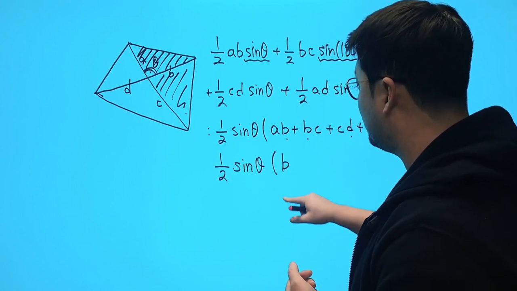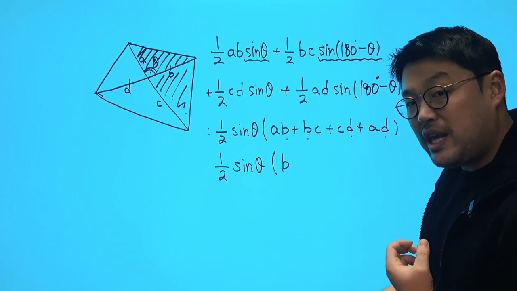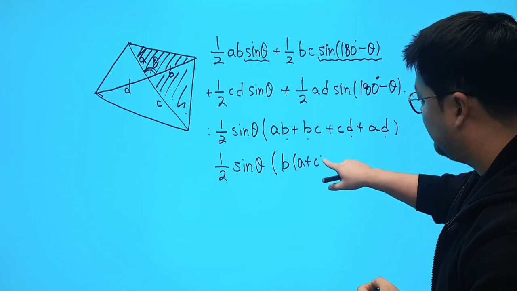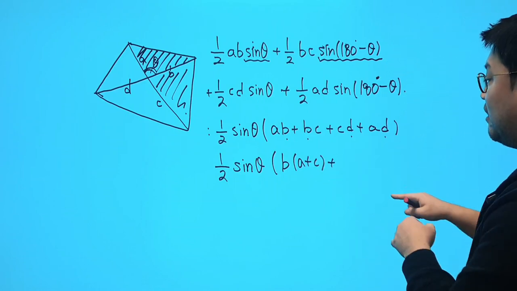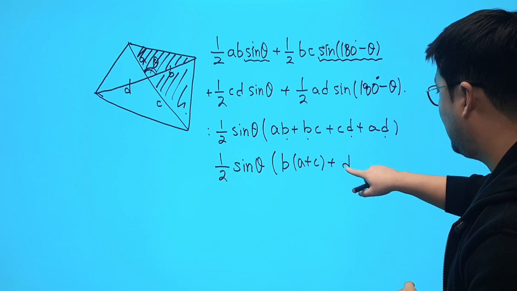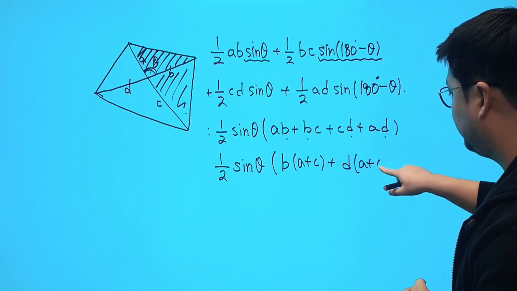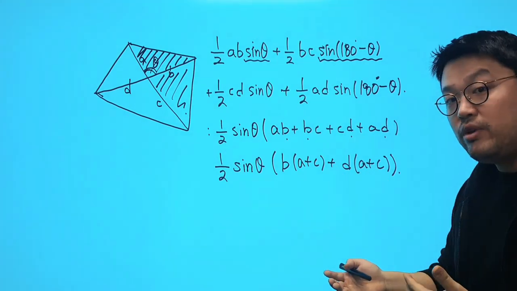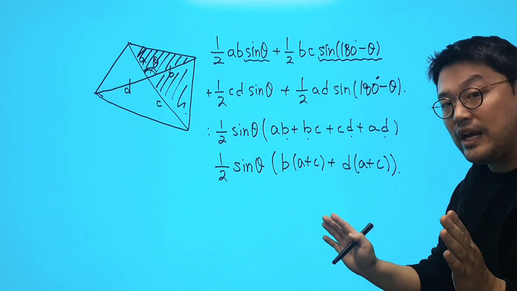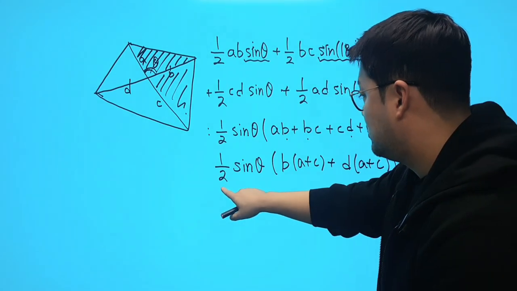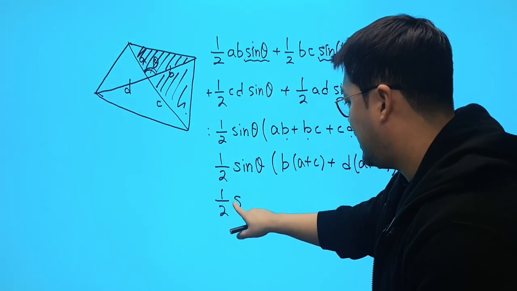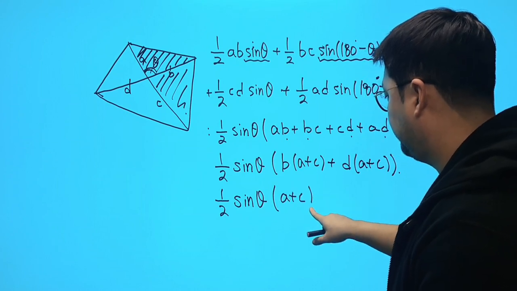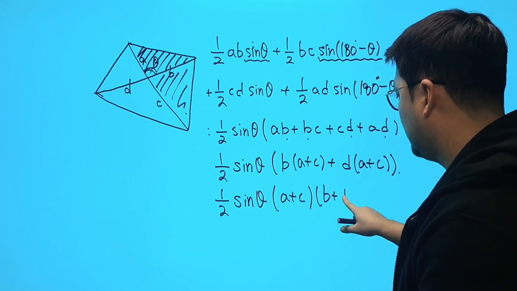We can pull B out from the first two terms, and I can write it as A plus C. And I can also pull out D from the last two terms, and that becomes D times A plus C. So we get A plus C as a common term. So we can use the distributive property, or I would say factorization once more. So that becomes 1/2 times sine theta, and we get A plus C times B plus D.